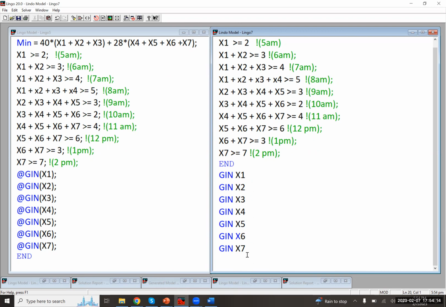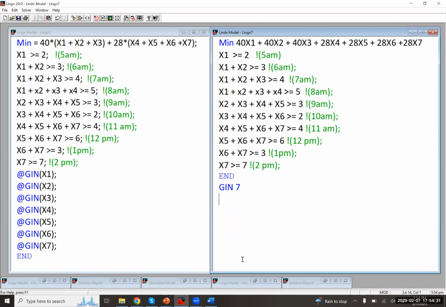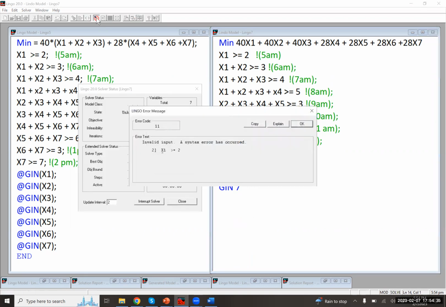Or because all of the decision variables we used in the model have the general integer restriction, you can simply count the total number of decision variables. In our case, it is 7, right? So we can actually use this, okay? So if I press this, I got an error message. Why? Invalid input.